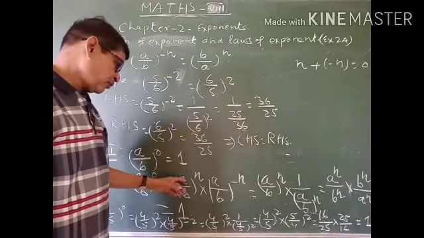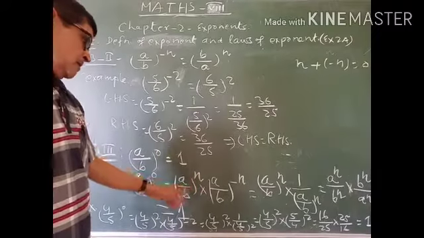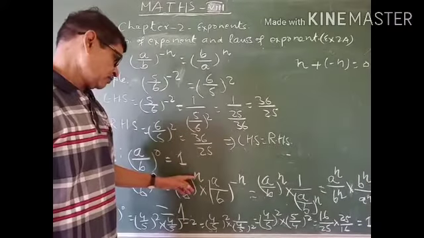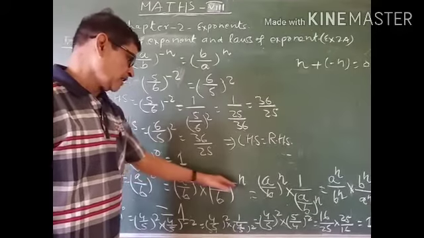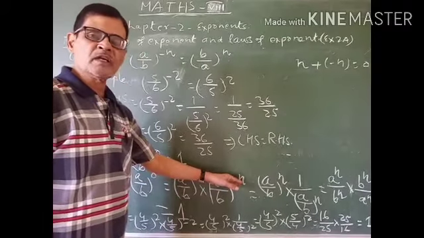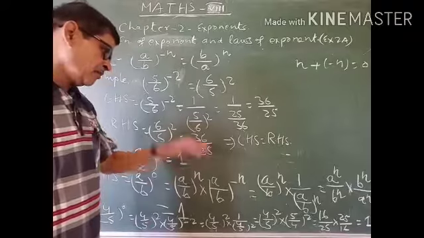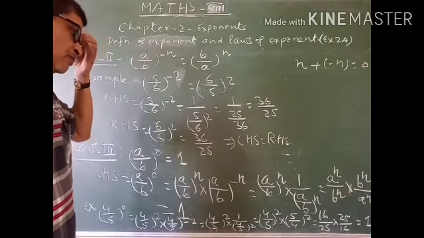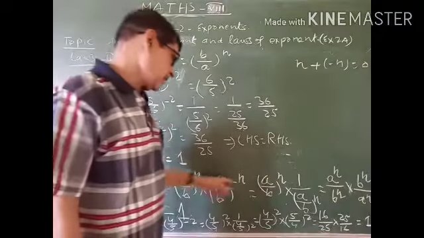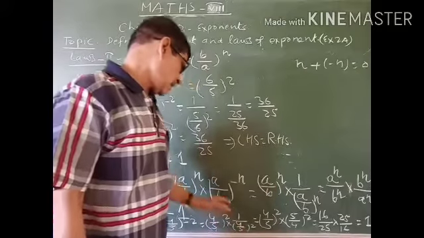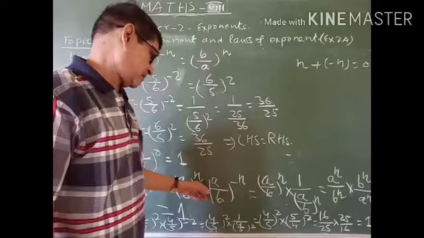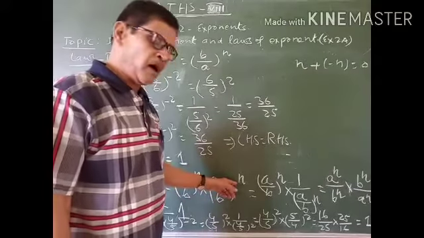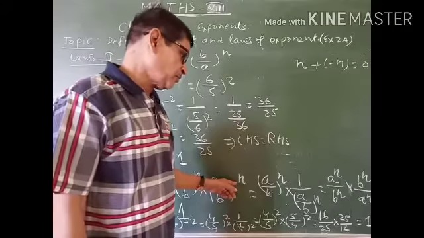So you can put any value of n. Simply you should be careful that one exponent should be positive and the other exponent should be negative. Then the sum will be equal to 0. You can write here a by b to the power n, and if you write reciprocal of this, then the exponent will become positive.